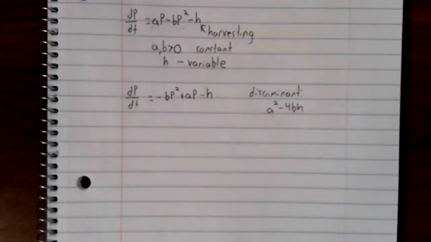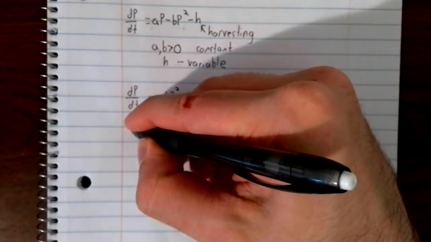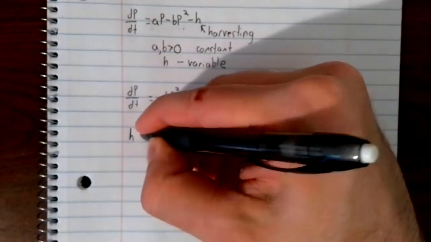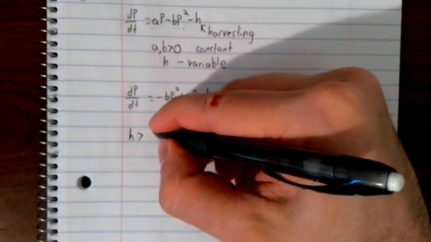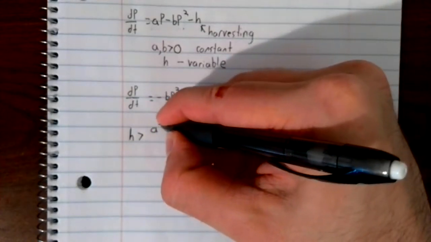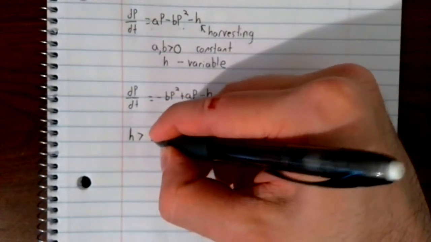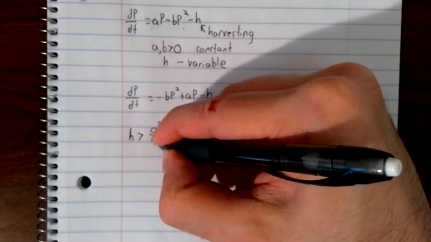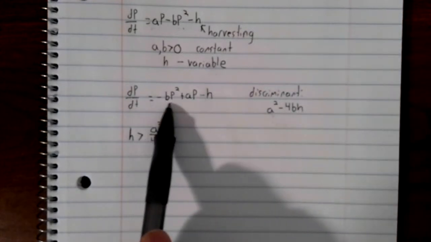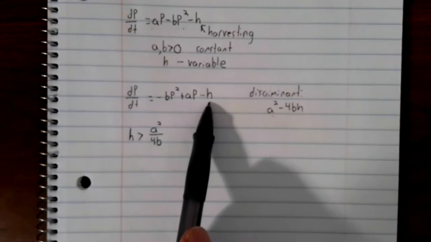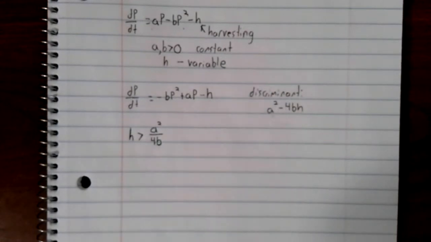In particular, large enough means h is greater than a squared divided by 4b. Then this is negative. The derivative is never 0, and there are no fixed points.